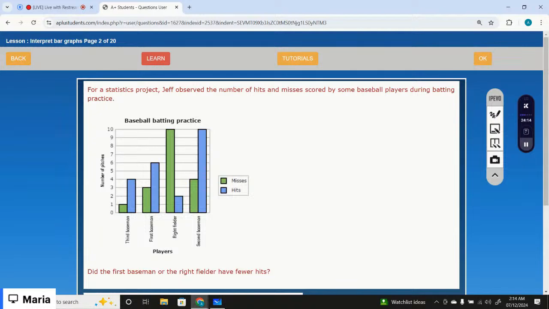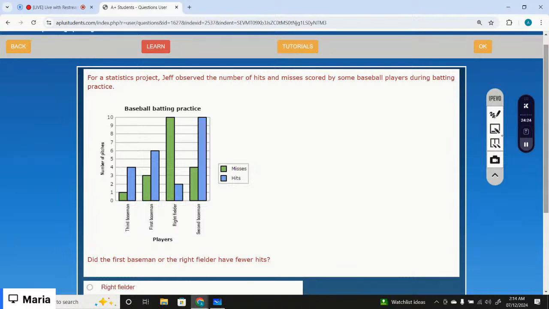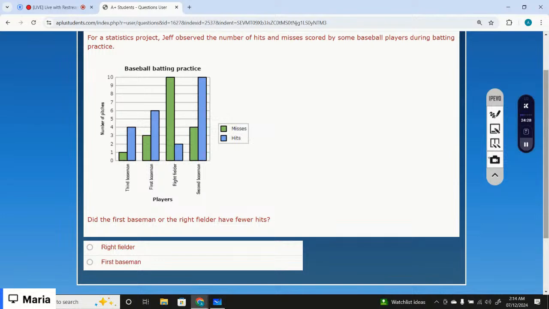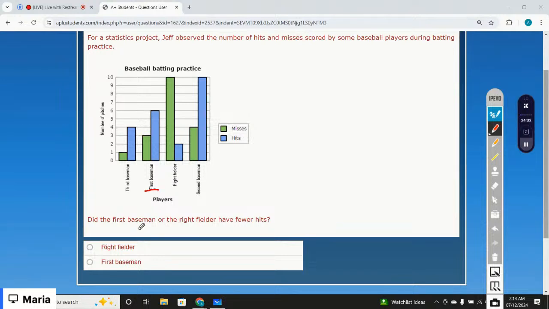For a statistics project, Jeff observed the number of hits and misses scored by some baseball players during batting practices. Did the first baseman or the right fielder have fewer hits? Here is the first baseman, and here is the right fielder. Hits are represented by the blue color. The right fielder has fewer hits, right? You can see this bar.